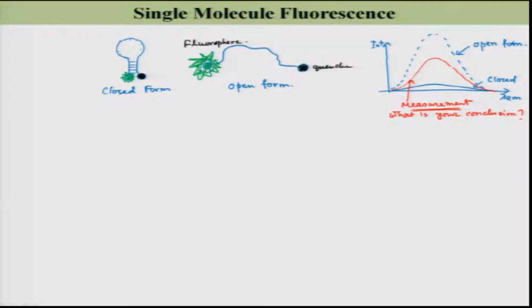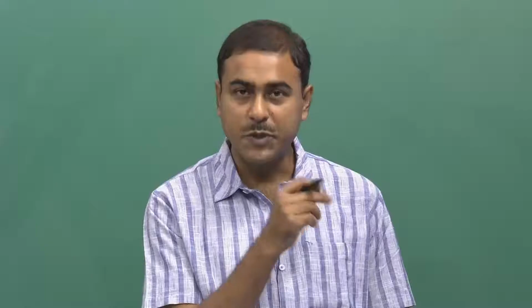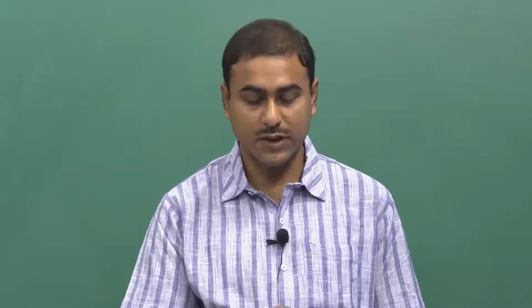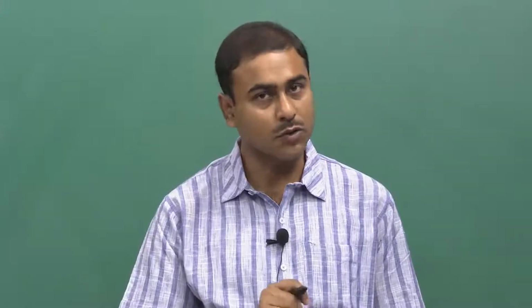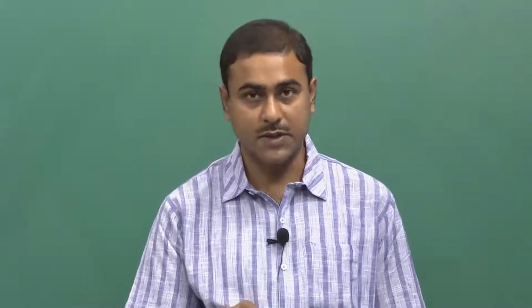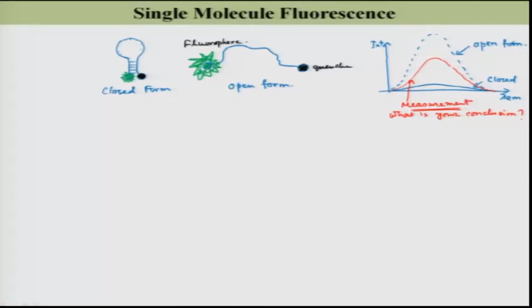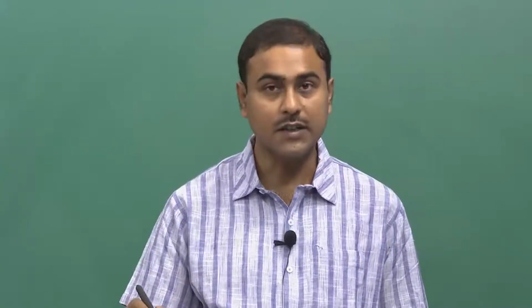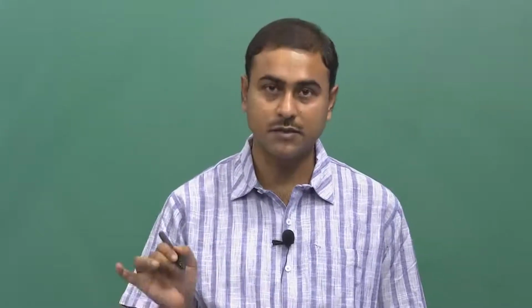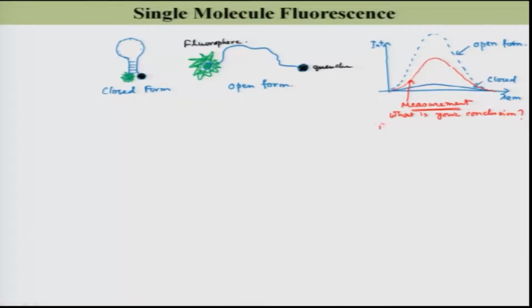Number 1, you can conclude that 50% of this particular molecule is present in the closed form and 50% is present in the open form, and as a result 50% will show the low intensity, 50% will show the high intensity, and altogether it is showing the moderately intense fluorescence. So, option 1 is 50% closed and 50% open.